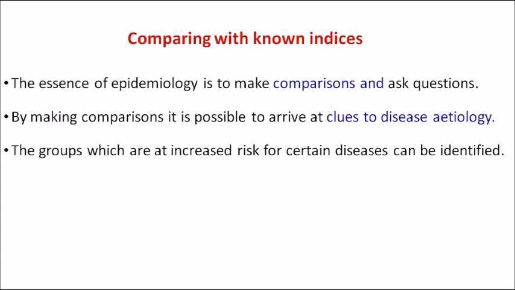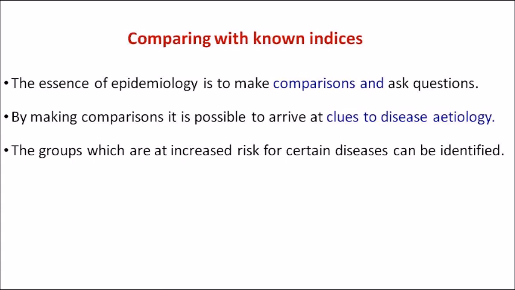The next step is we have to compare it with the known indices. Measurements and steps in descriptive epidemiology: we have finished measurements of the disease. Now we have the quantity of the disease in our hand, and we have to compare it with the known indices. So epidemiology is all about comparison, right? And asking questions. By making comparison, it is possible to arrive at clues to the disease etiology.